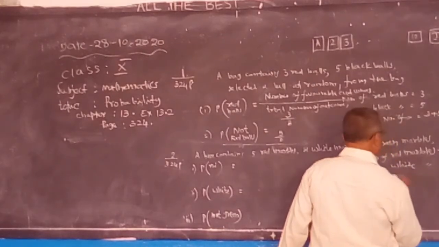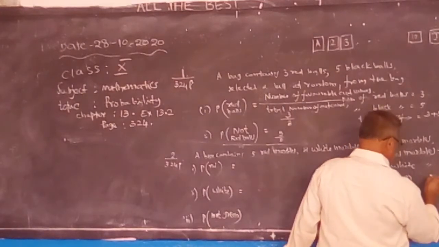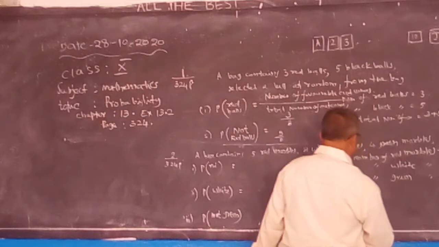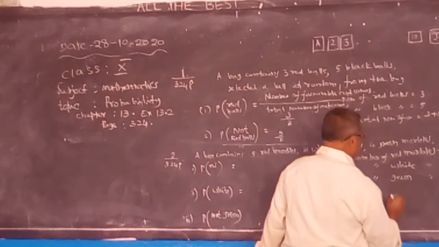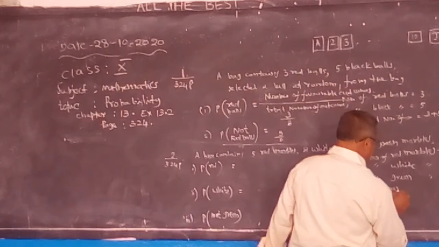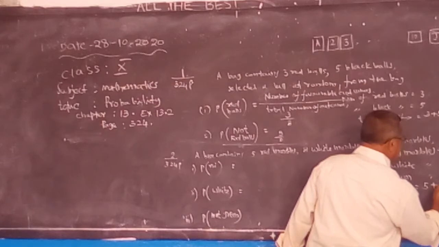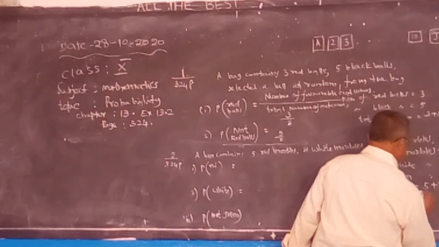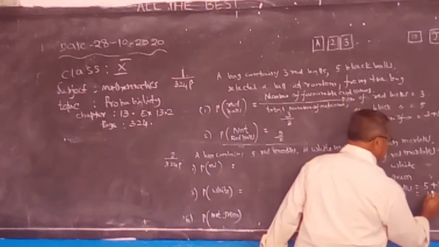And the number of green, 4. Total number of marbles is equal to 5 plus 8 plus 4, 13 plus 4, 17. So these are the steps.